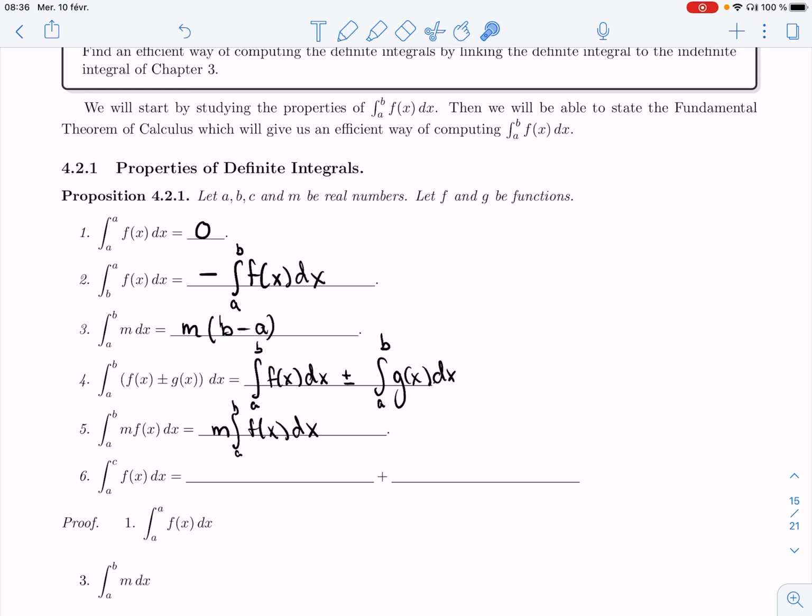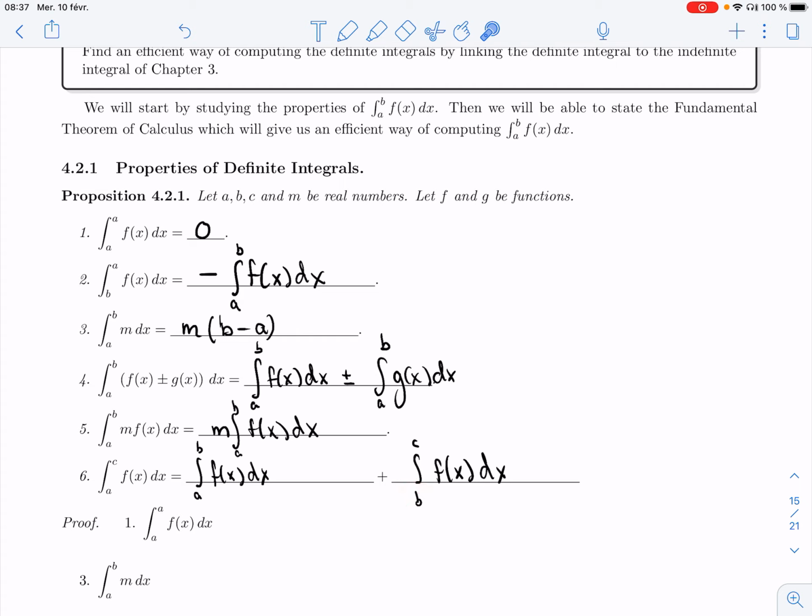And then this one is the most interesting one. You can actually split an integral. If you want to go from a to c, you could first go from a to b, and then go from b to c. So I like to think of it as making a pit stop at B. B might be anywhere.